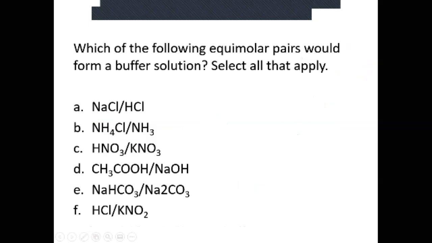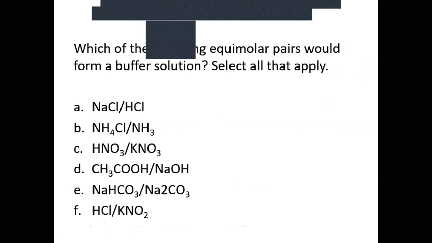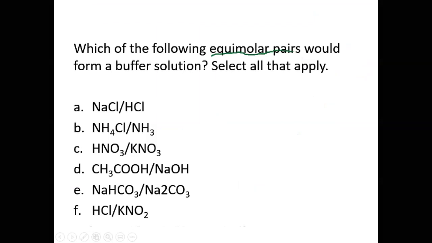So let's take a look here. Which of the following equal molar pairs would form buffers? Equal molar means they're the same concentration. We want to form a buffer solution.